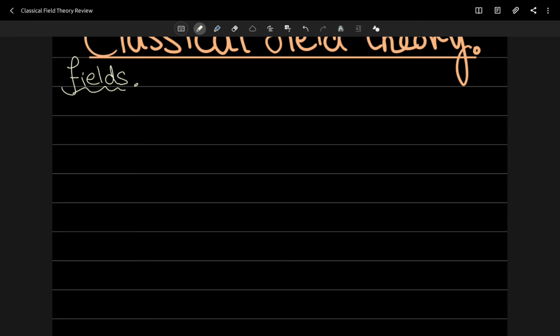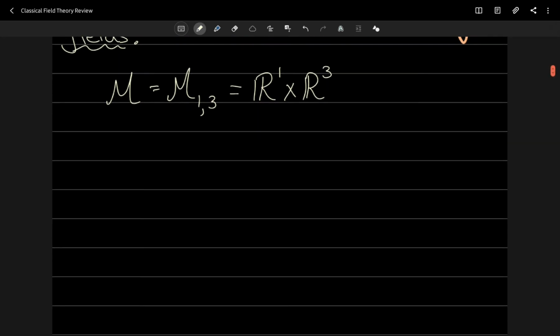Okay, so we work on the Minkowski spacetime manifold, which is M equal to M^{1,3}, and that is simply R^1 cross R^3, right? With the field often taken to be twice differentiable, such that the field phi is in C^2(M, rho).